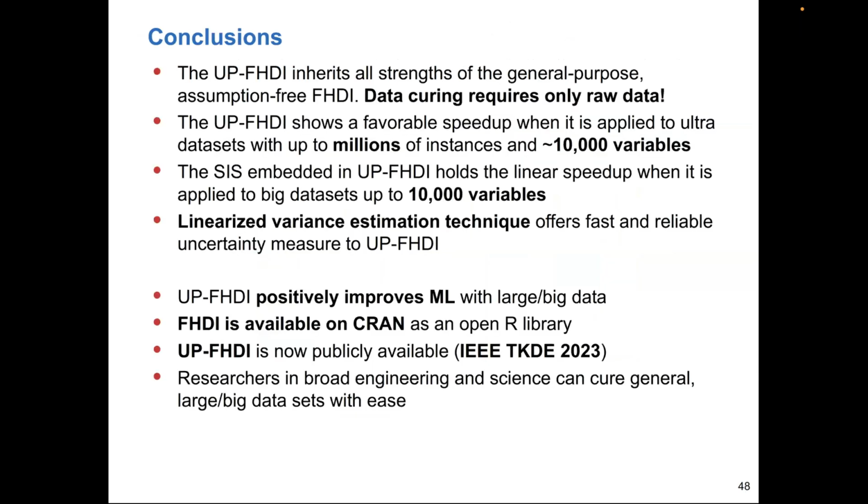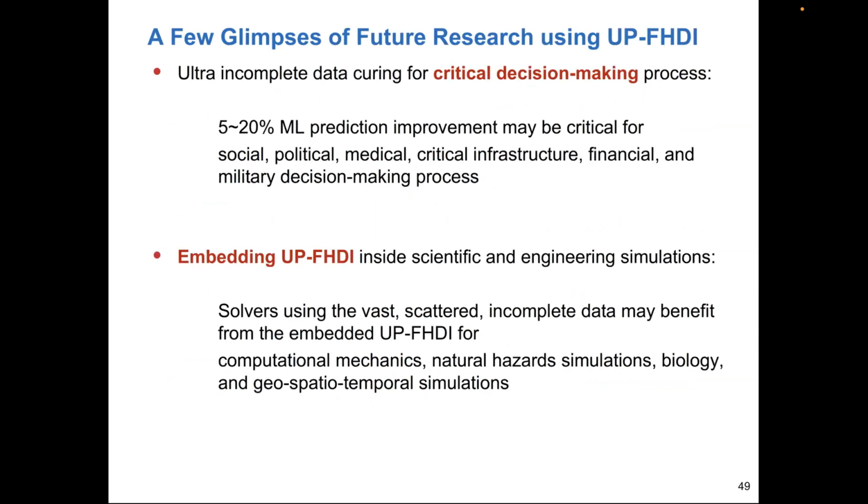The conclusion is that UP-FHDI, ultra large data oriented parallel FHDI, can cure large data and only requires the raw data itself. So it's very good for engineers and scientists. It can tackle millions of instances, the big M problem, and more than 10,000 variables, the big P problem, concurrently. And as we showed in the paper, this way we can positively improve machine learning on big data.